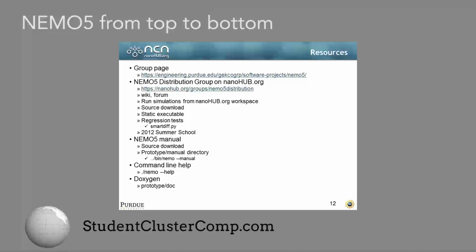Especially since we're an engineering group, if we're calculating a current, if something changes by 1/100th of a percent, we're okay with that. So the smart diff is what we use to ensure that the results are valid from one day to the next.